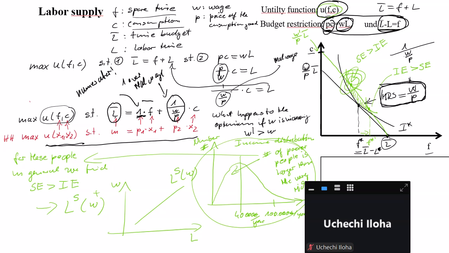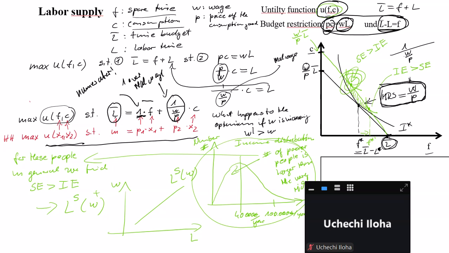And the cut on the vertical axis, M over P1 and P2 in the household optimum, in our case, translates just into the overall time budget.